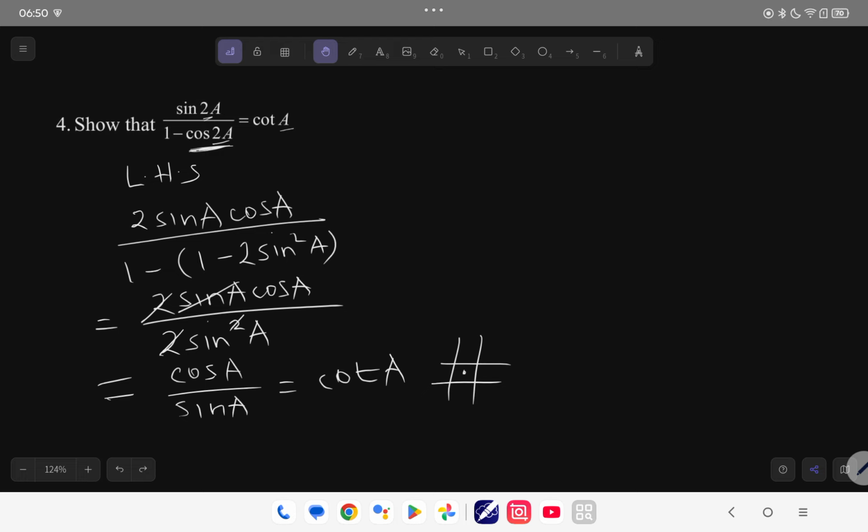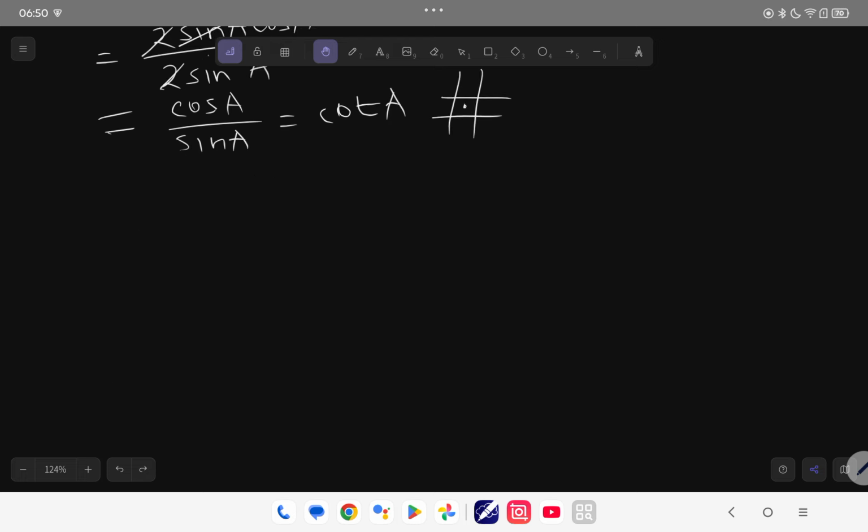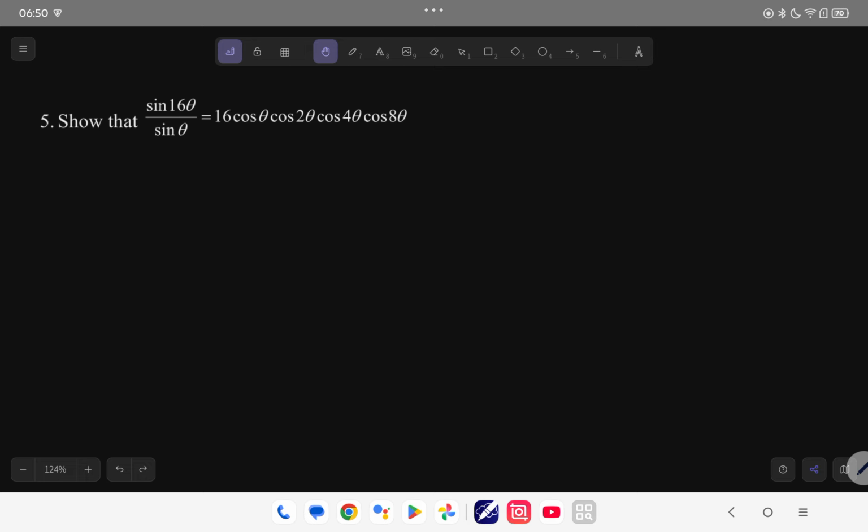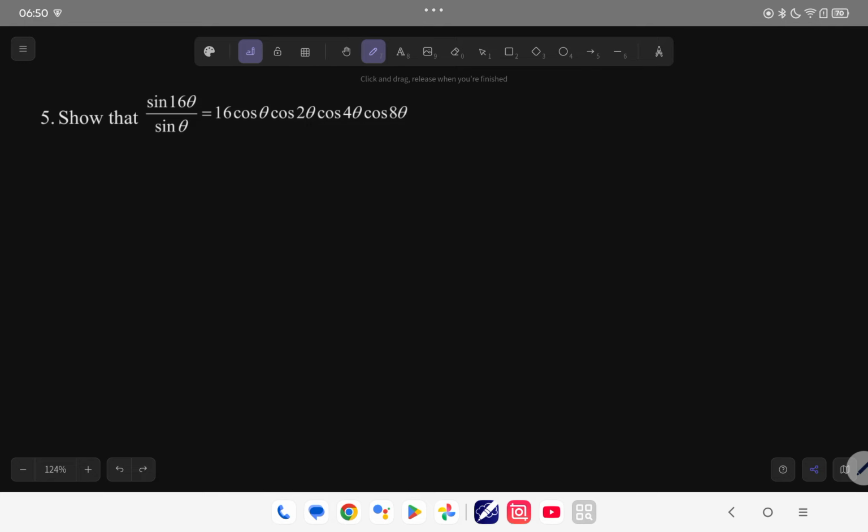We now go to question number 5. Question number 5 says, show that sine of 16 theta over sine theta is equal to 16 cos theta, cos 2 theta, cos 4 theta, cos 8 theta.